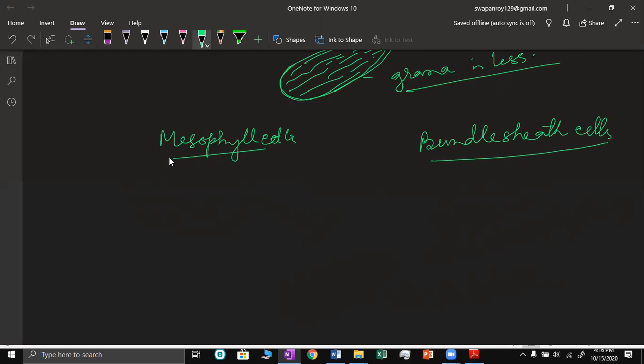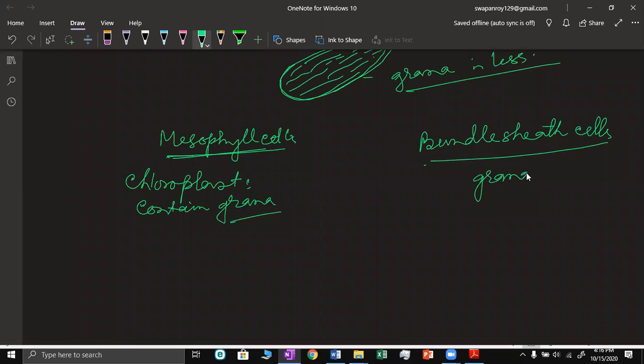Mesophyll cells have well developed chloroplasts, which contain grana. In the bundle sheath cell chloroplasts, grana is poorly developed.